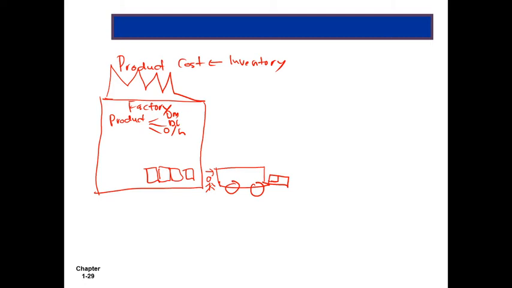Once your product is going out from your factory, from this point, this is no longer your product cost. This is your period cost. So that's why we have general and admin, which is anything related to the warehouse, distribution to the customer, and selling and distribution.